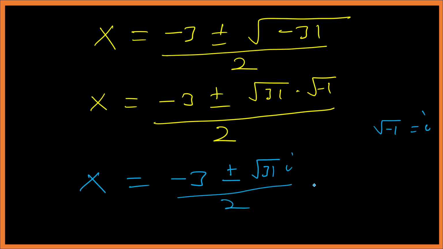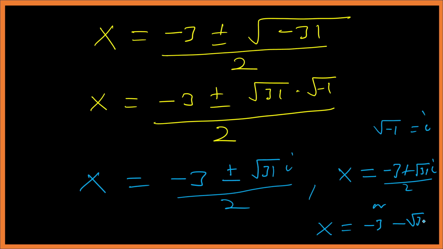So it means x is minus 3 plus square root of 31 i over 2, or x is minus 3 minus square root of 31 i over 2. So these answers are complex.